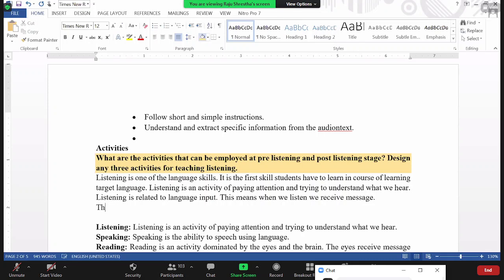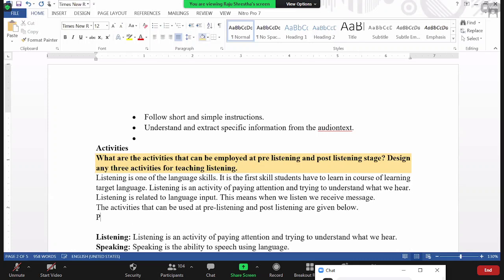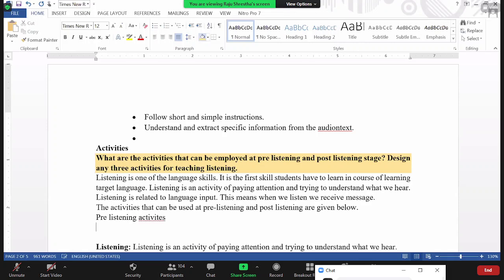The activities that can be used at pre-listening and post-listening are given below. Pre-listening you write pre-listening activities, just you mention, and post-listening activities you mention like this.